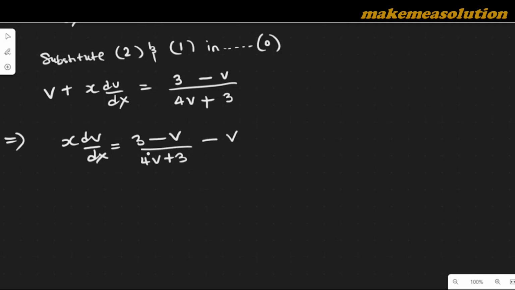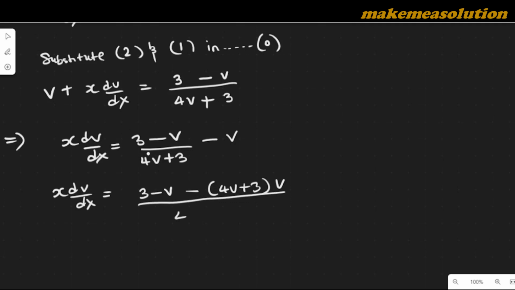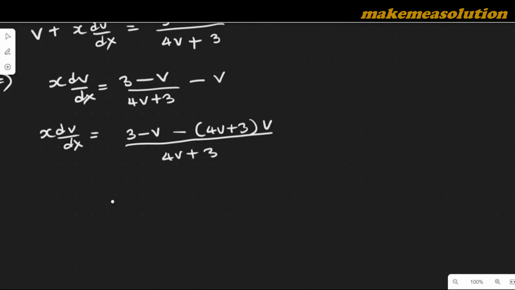V itself. So x dv/dx is now going to be 3 minus v, then minus, you have (4v plus 3) into v, then over 4v plus 3. Is that okay? So when we open the brackets, we should be getting 3 minus v carefully, and minus 4v squared, and minus 3v over 4v plus 3.